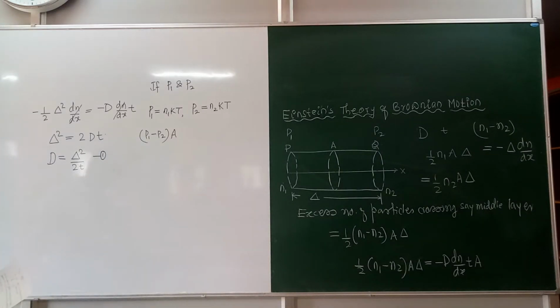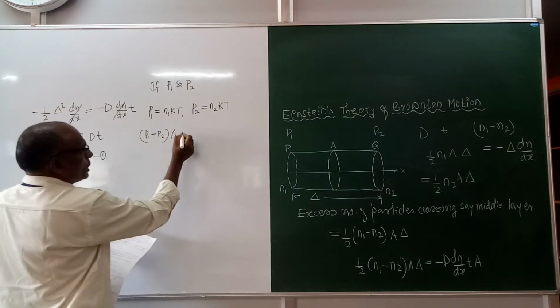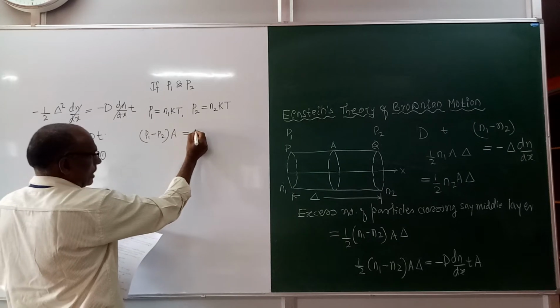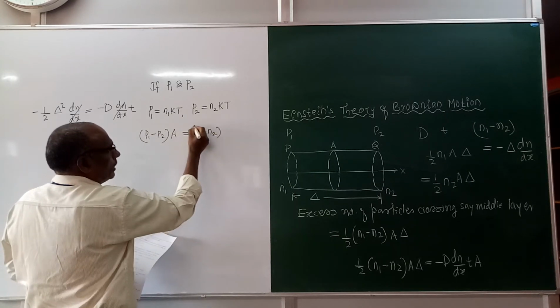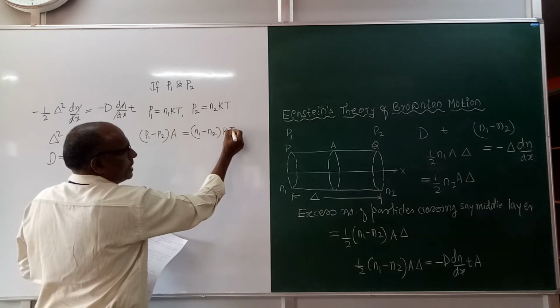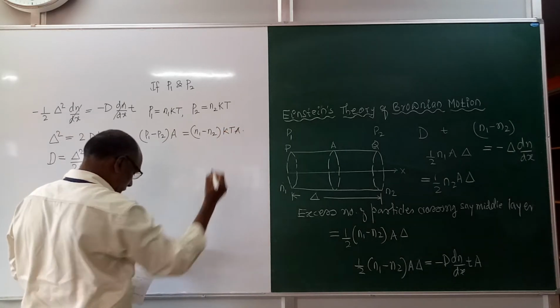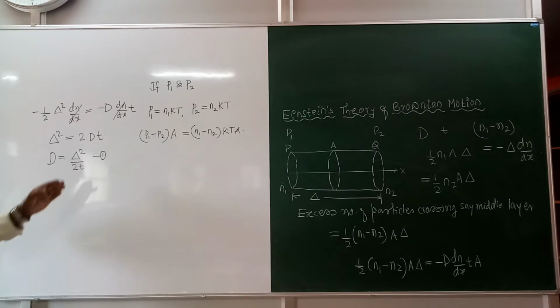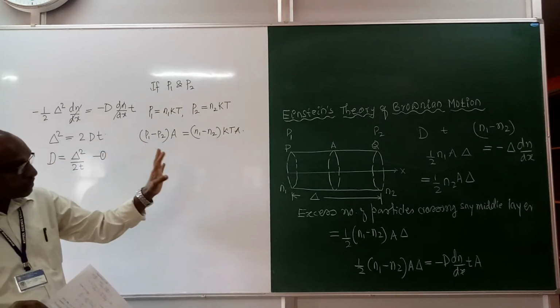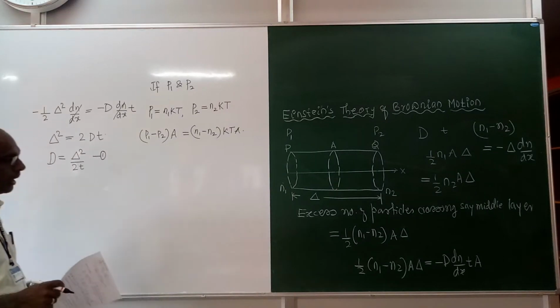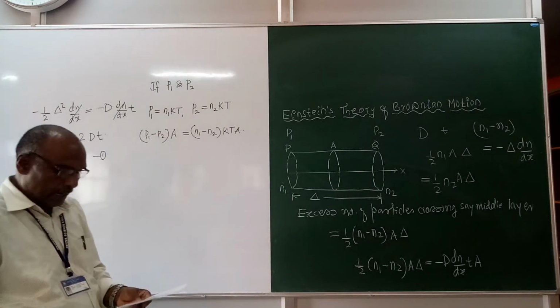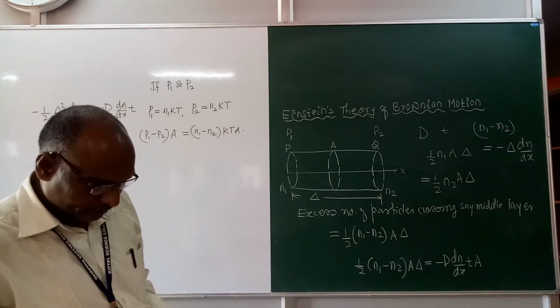Pressure is force per unit area, so that is equal to N1 minus N2, k T common, and A. This is the force exerted on, or experienced by, this imaginary cylinder along its positive axis.